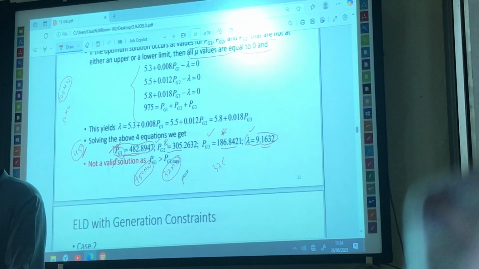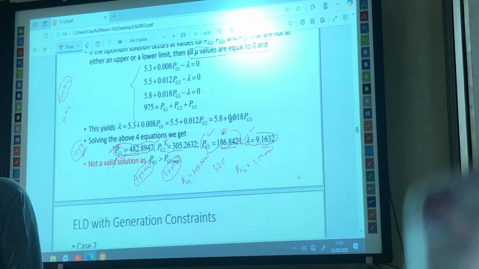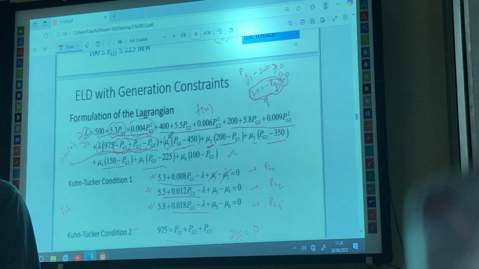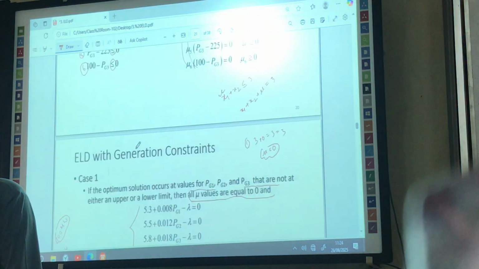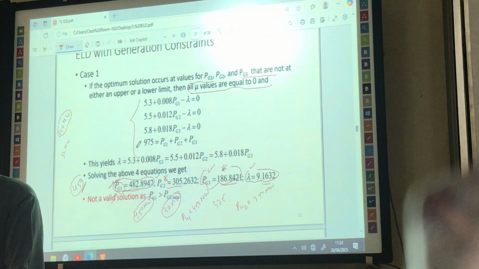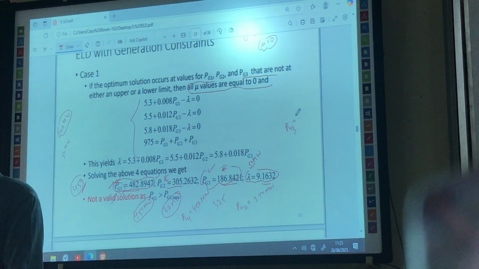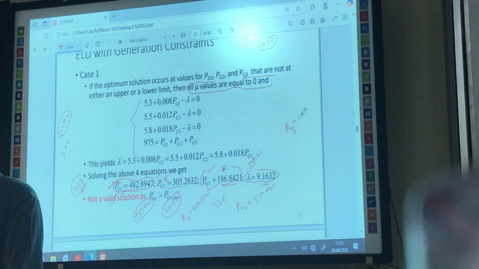So you have to set PG1 as 450 megawatt and PG2 at 350 megawatt, the maximum value. And let's say this is also violating. Let's say you are getting this as 50 megawatt, but the lower limit is 100 megawatt for this PG3. So then you have to set this PG3 as 100 megawatt.